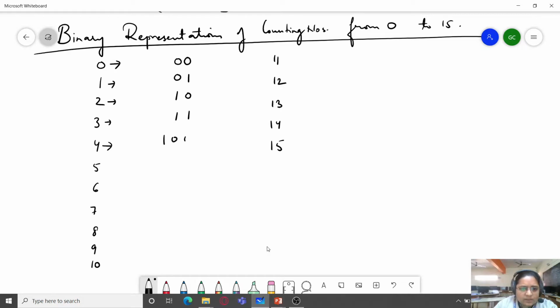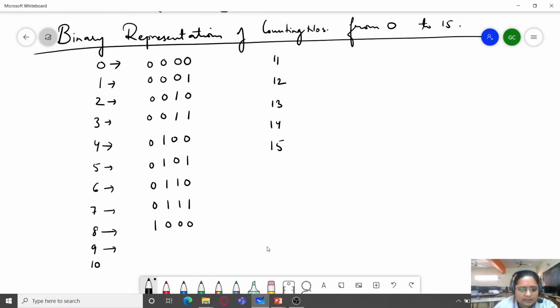4 is 100. So we can increase the number of bits here by adding leading zeros. 5 is 101. 6 is 110. 7 is 111. And 8 becomes 1000. Again we add leading zeros here. Then 9 is 1001. 10 is 1010, and 11 is 1011.